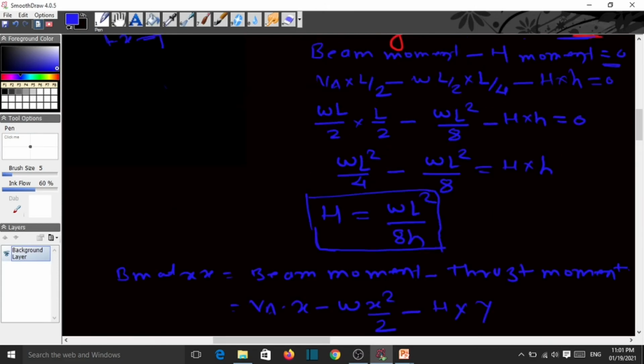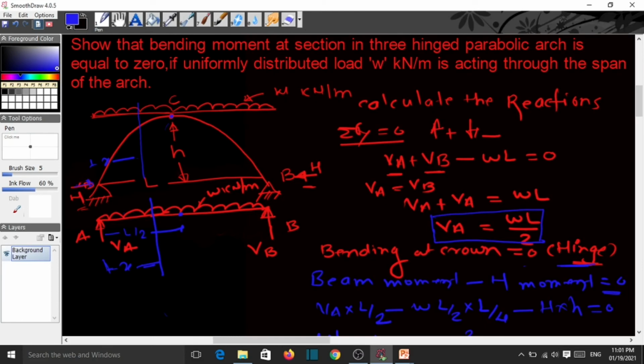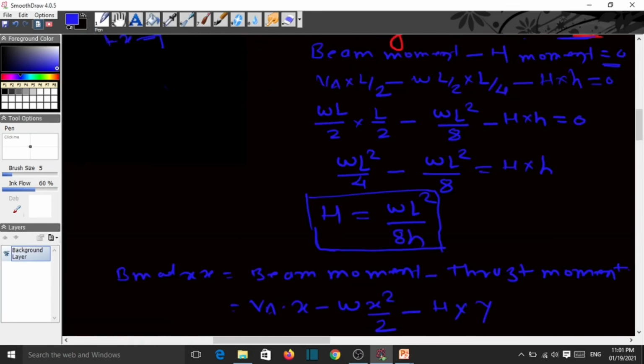How is this y? Here this height is y. Now in case of a parabolic arch, suppose this is the arch and this is the hinge.